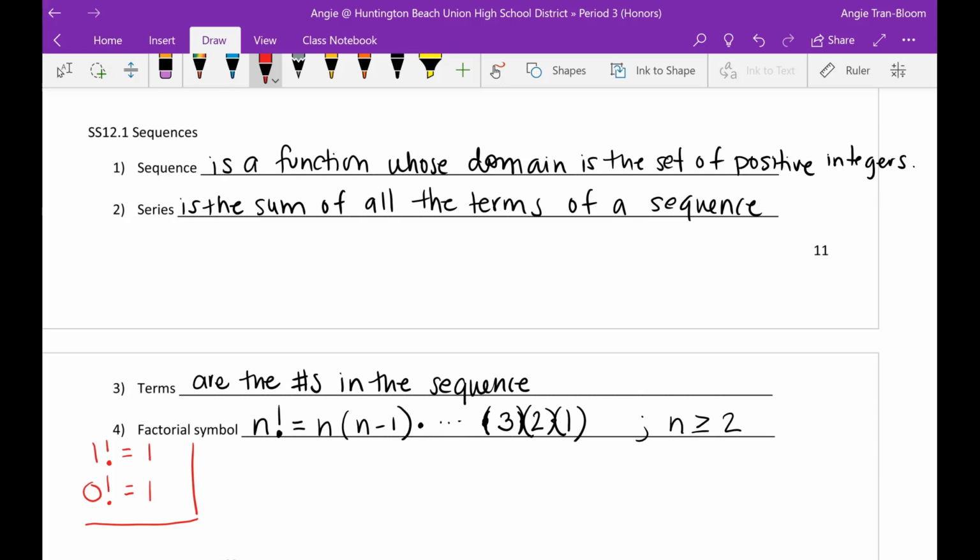It's just one way. Now, what if you have 2 factorial? So what if n is 2? This means you have 2 times 1, which is 2. That means how many ways can you arrange 2 books? Well, there are 2 ways. You can have book 1 go in the front and book 2 go in second, that's one way.